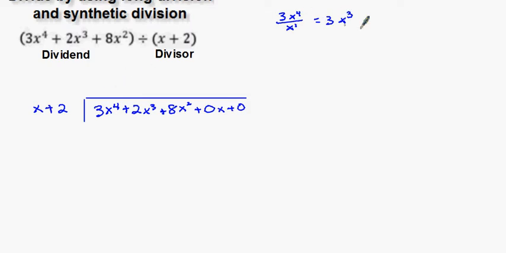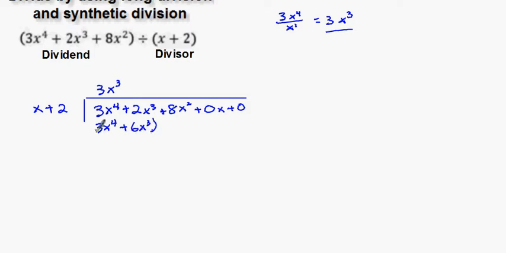So we're going to put this in this position, 3x cubed, and now we're going to multiply that term we just found by each of the terms in the divisor. So x times 3x cubed is 3x to the fourth. 2 times 3x cubed is plus 6x cubed.